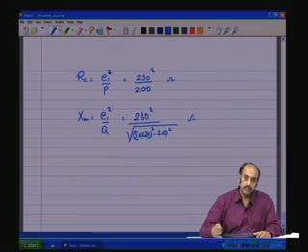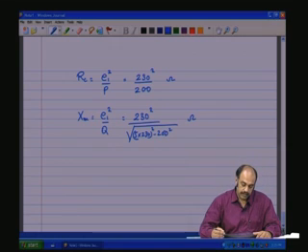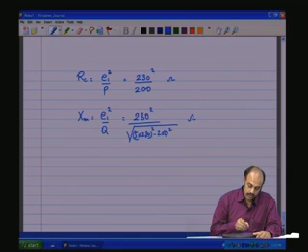So, this gives RC and XM, and this can now be used to find IC.